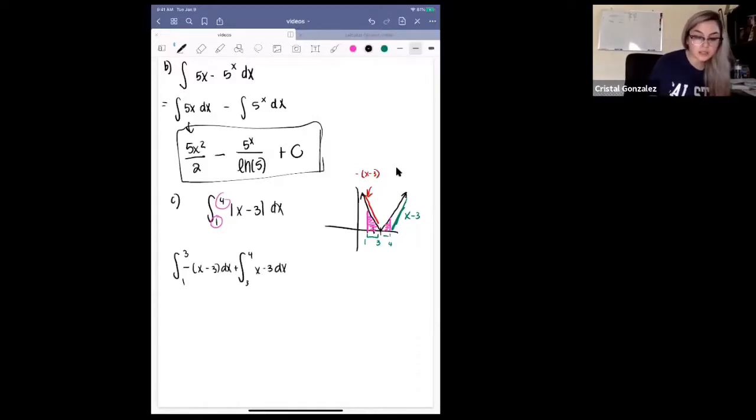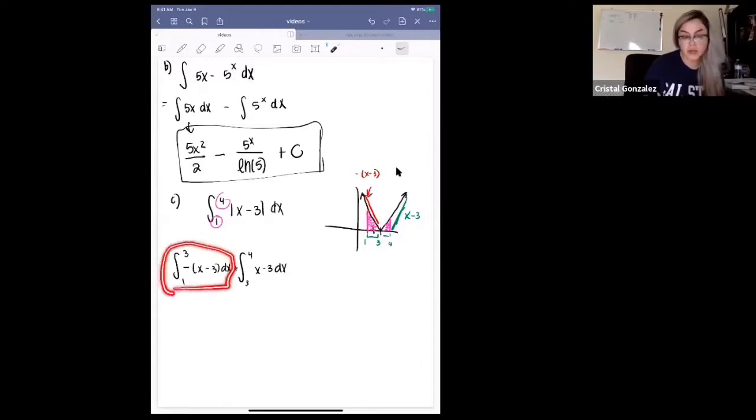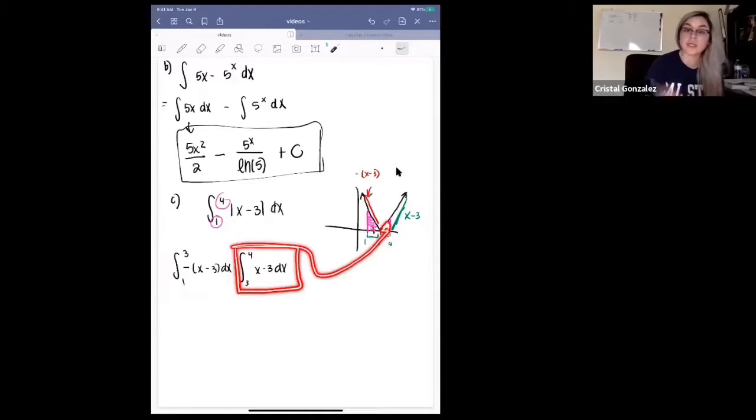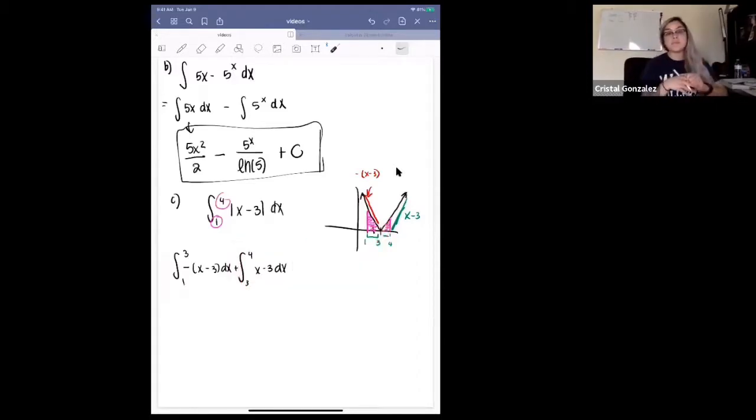So basically all we're doing is summing this area here and this area here. This one depends on the line negative x minus 3, and this one depends on the line x minus 3. This area corresponds to this piece of my integral, and this piece corresponds to this area right over here. So we're just summing them up. This is a trick to doing absolute value integrals: break them up into their respective piecewise functions.